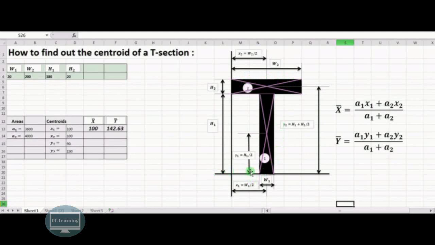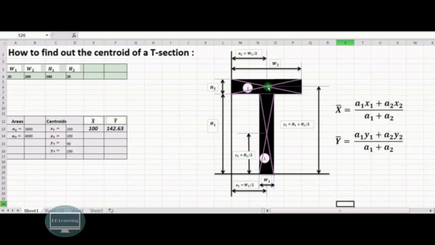Similarly, for calculation of y1 and y2, we have taken this horizontal bottom line as the reference. From this, the distance of the centroid of the first rectangle is y1, which is equal to h1 upon 2 because this distance is h1.